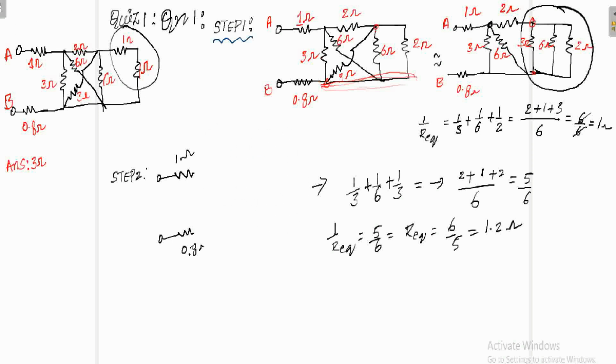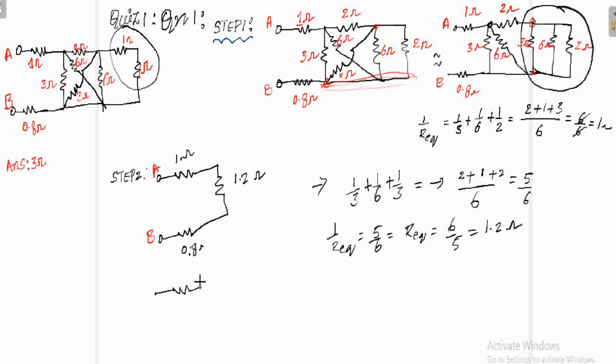Just replace with a single resistor, that is 1.2 ohms. Now tell me, so I can connect, this is your point A and this is your point B. I can connect this total circuit like this.